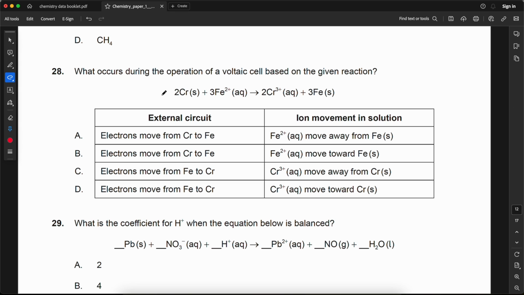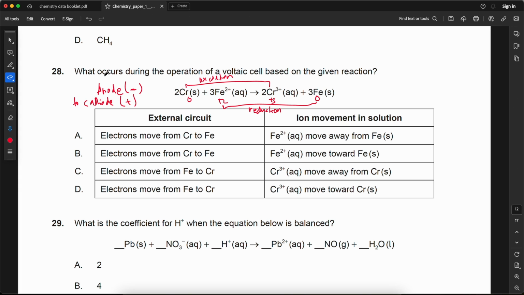What occurs during the operation of a voltaic cell based on the given reaction? Cr goes from 0 to plus 3 and Fe goes from plus 2 to 0. So Cr experiences oxidation, and Fe decreases its oxidation number, so it's reduction. In a voltaic cell, electrons move from the anode, which is the negative electrode, to the cathode, which is the positive electrode.